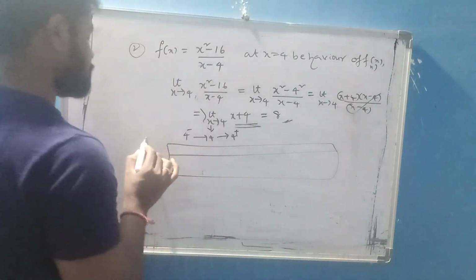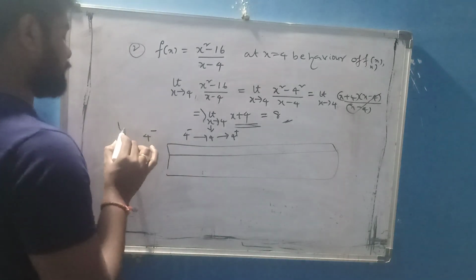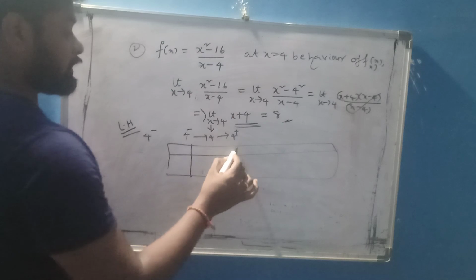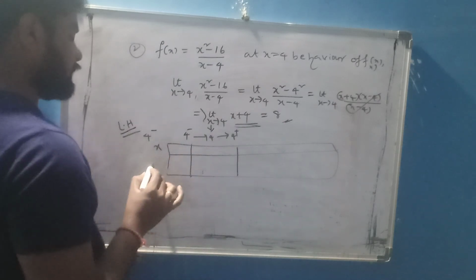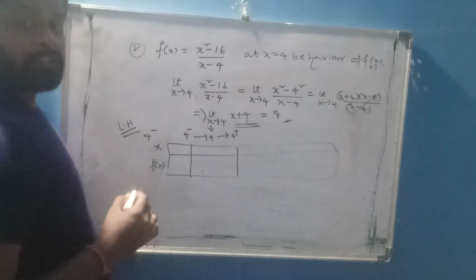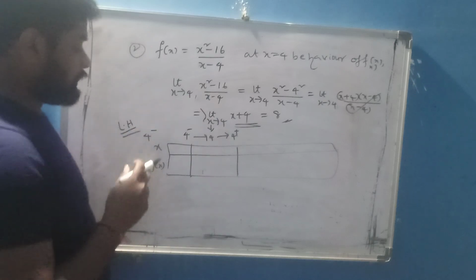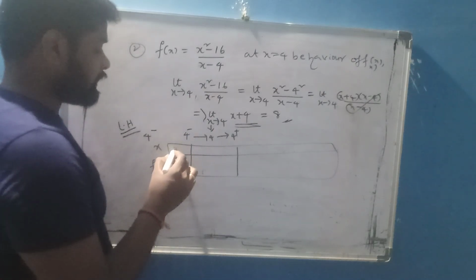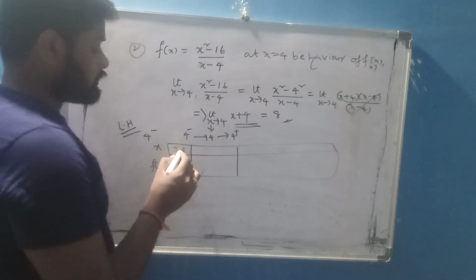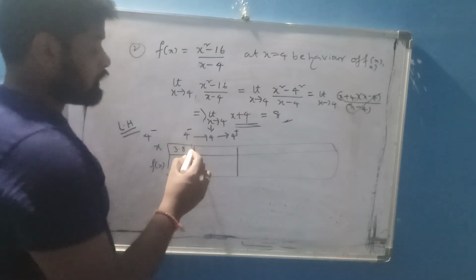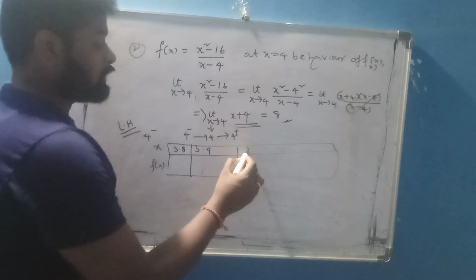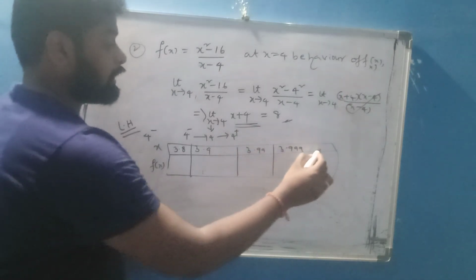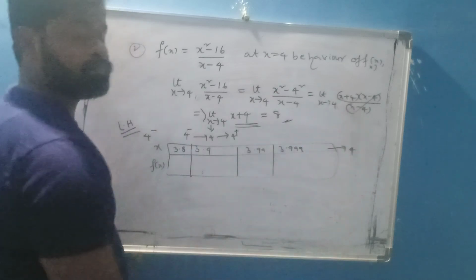I am taking first 4 minus, which means the left hand neighborhood. Here x, here f of x. This is another verification, another method. Here x value 4 minus, left hand neighborhood. Now 4 minus means I am taking 3.8, 3.9, 3.99, 3.999, which is nearly equal to 4.